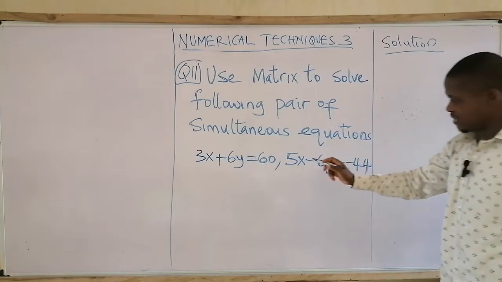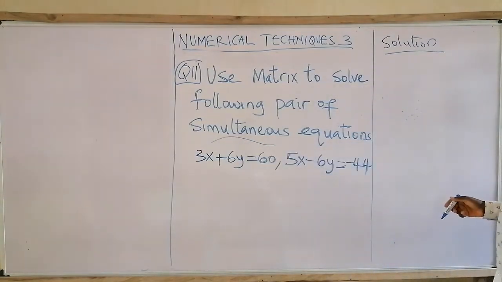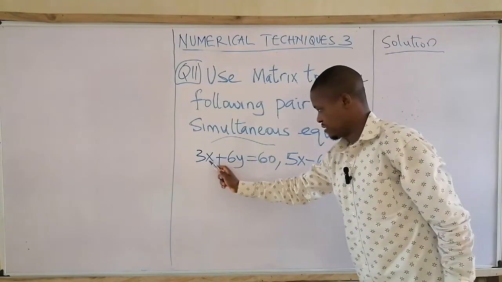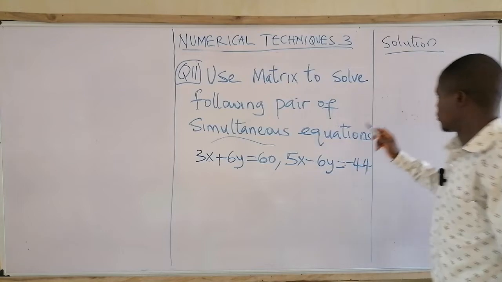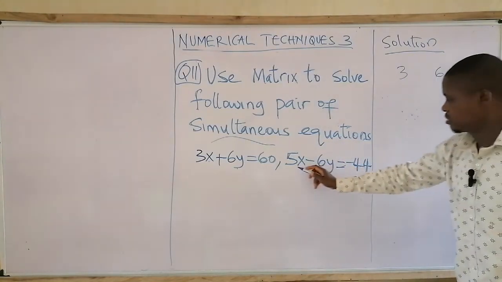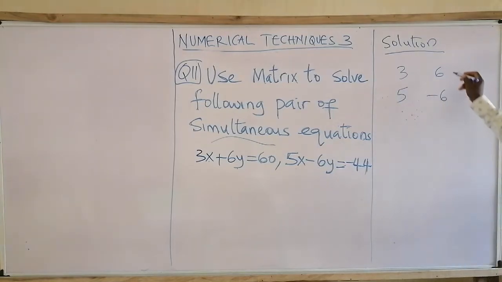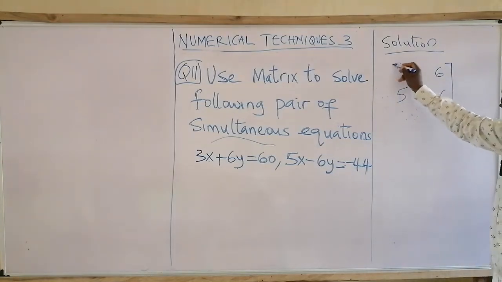is to write this simultaneous equation in matrix form. And how do we do that? We are going to write the coefficients of x and y. So that will be 3, 6. The second one, 5, minus 6. Then that's your matrix.